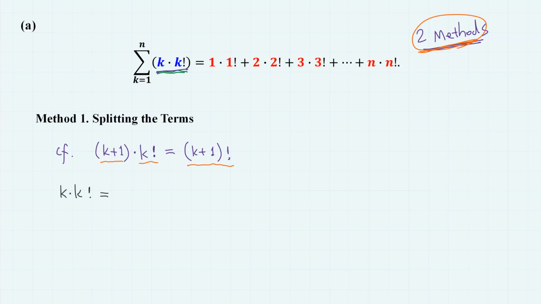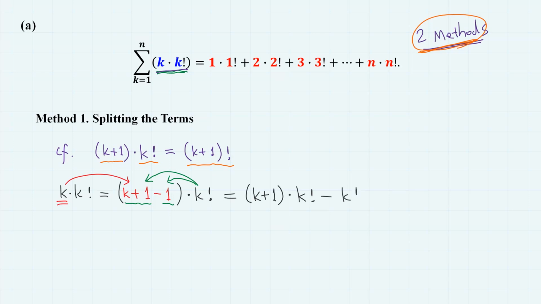Therefore, in k times k factorial, we write this k as k plus 1 minus 1. So we have first k plus 1 times k factorial, then minus k factorial. And this part right here is k plus 1 factorial. So we have k plus 1 factorial minus k factorial.